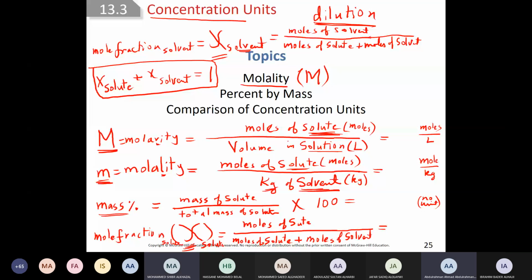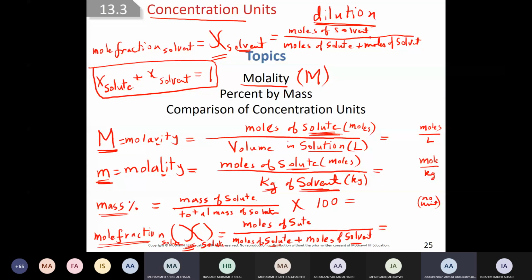Mass of solute divided by total mass of solution times 100. And what's the meaning of mole fraction? We have to say mole fraction of solute first. Moles of solute divided by moles of solute plus moles of solvent, not moles of solution, because each one is different and we calculate it differently.